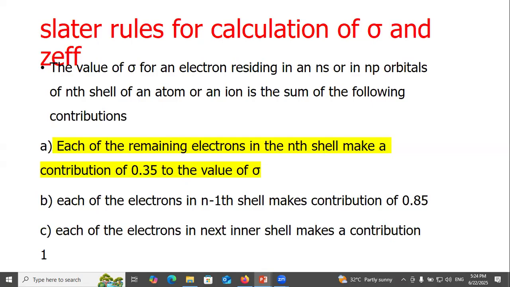Each of the electrons in the next inner shells makes a contribution of 1. Remember that for 1s, the other electron makes a contribution of 0.30. So: 0.35, 0.85, 1.